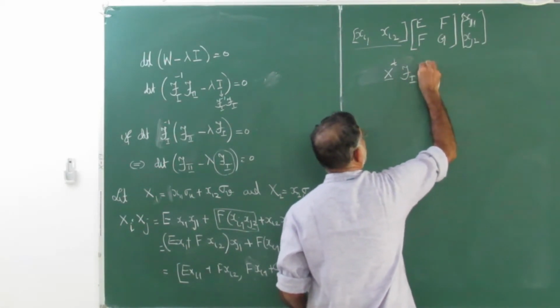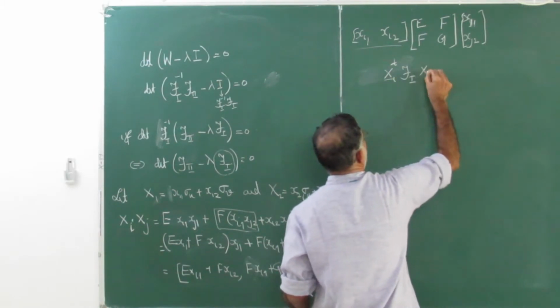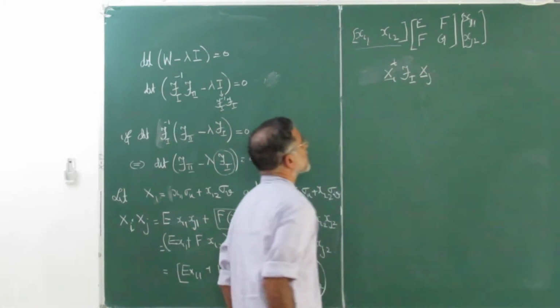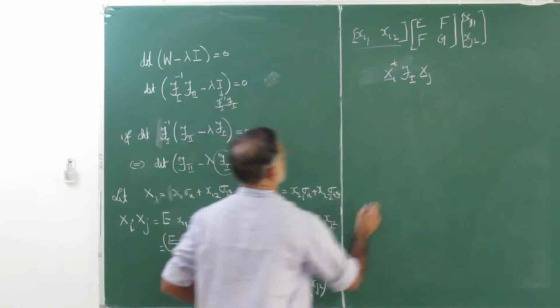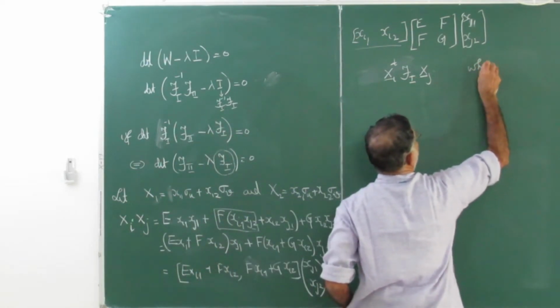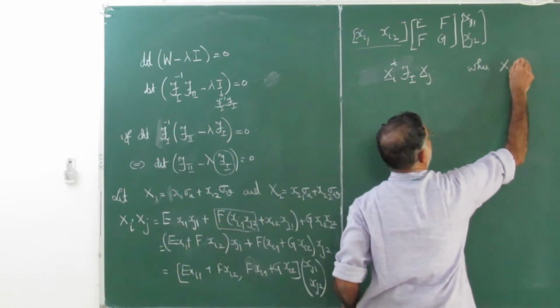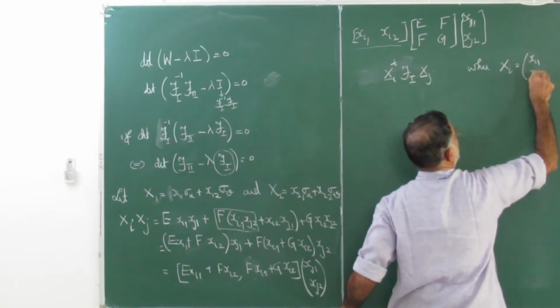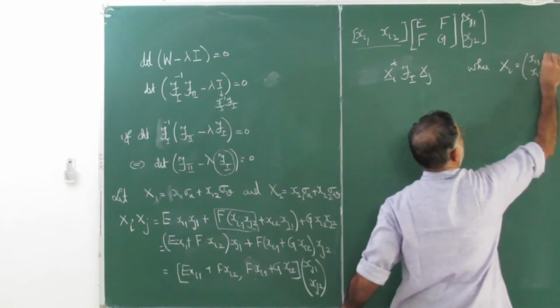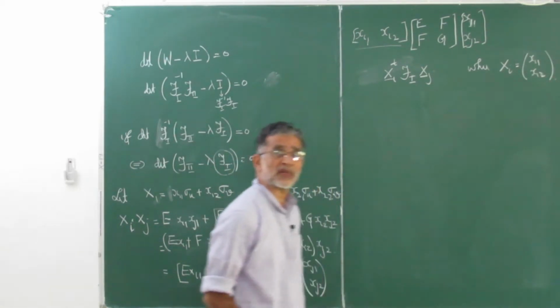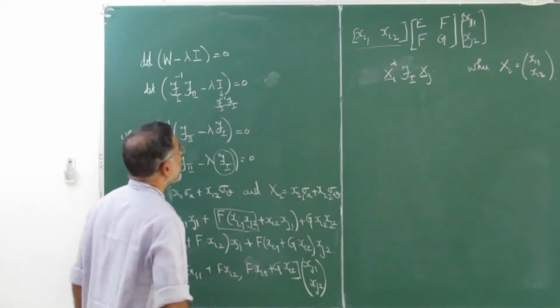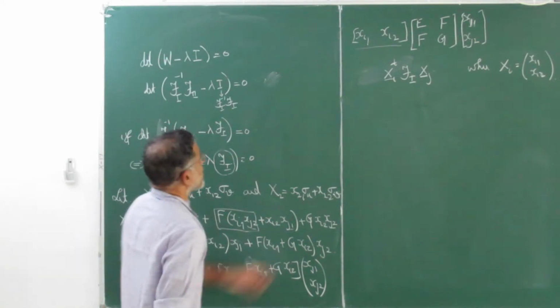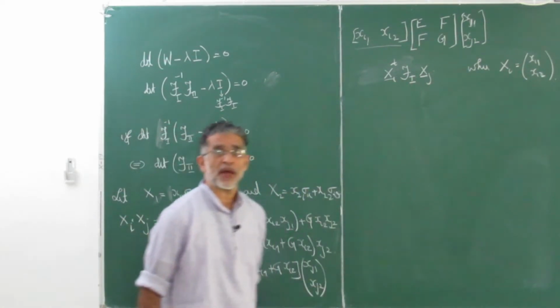F1 xi transpose, this is xj, where xi is equal to xi1 xi2. So this is the first thing that we should understand, okay? And it's also important, this transpose here and transpose here.